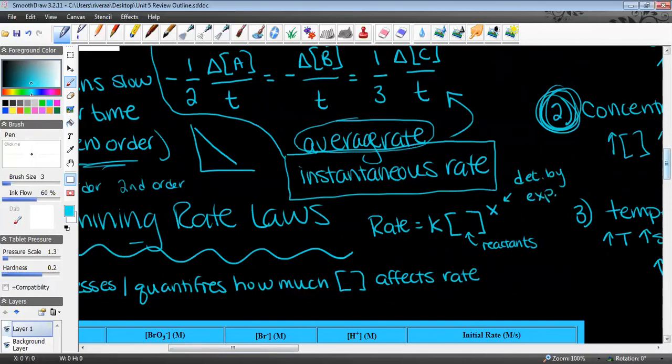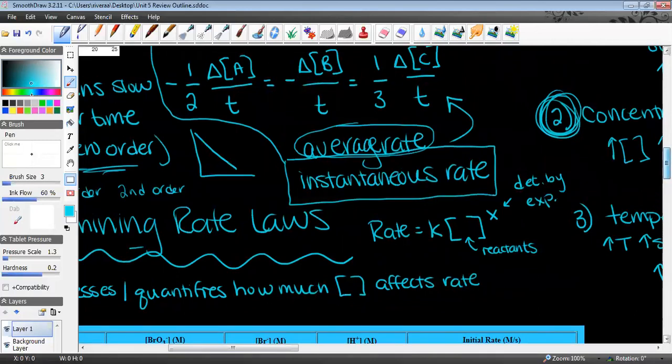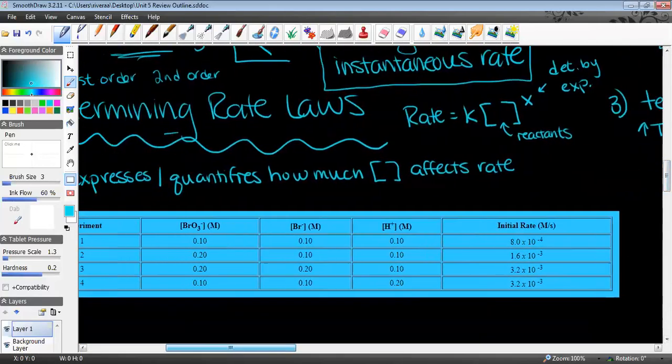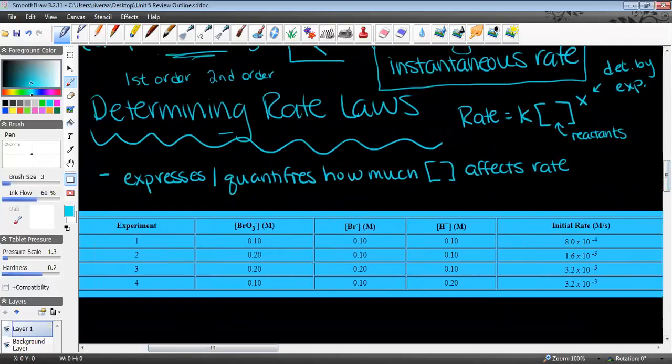And there are two different types of experiments that we can look at. We can do an experiment multiple times, as we see down here. You can see in this setup, we're doing multiple different experiments. And in each of these different experiments, we are changing the concentrations of the reactants.